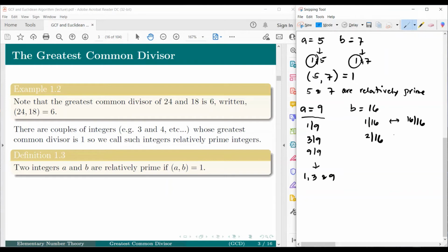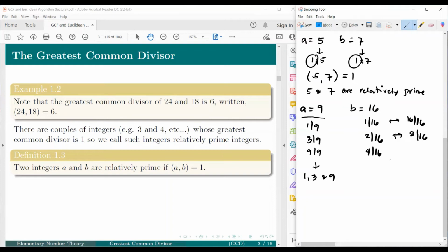So 2 times 8, so we can say that 8 divides 16. Another one, 3 does not divide 16. So we have 4 divides 16. So 4 times 4, so it's okay. 4 here divides 16. And that's it. We're done with the pairing.